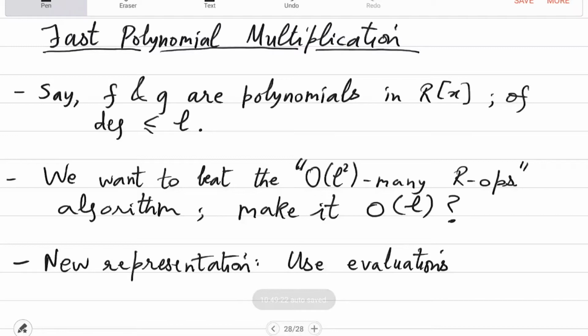Change the representation, multiply, and then again change the representation back. So in the middle of this, Gauss's trick is used, which will give the efficiency. So we'll see these things.